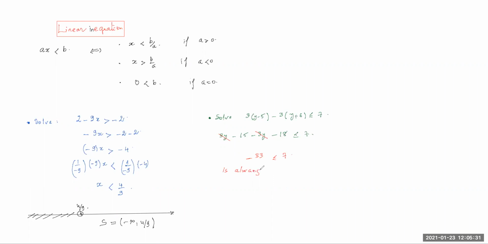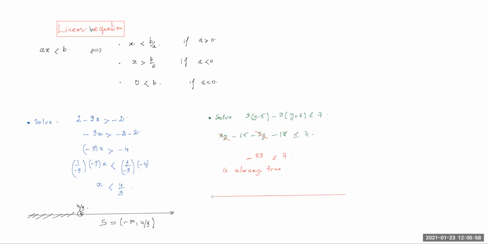So it's always true. That means for any y, from the beginning, if I substitute any real value from R, this inequality will be satisfied. That is the set this time. Look at what we are doing here.